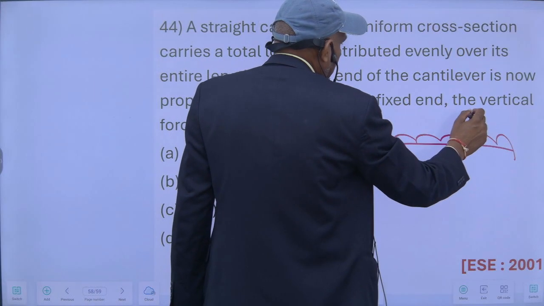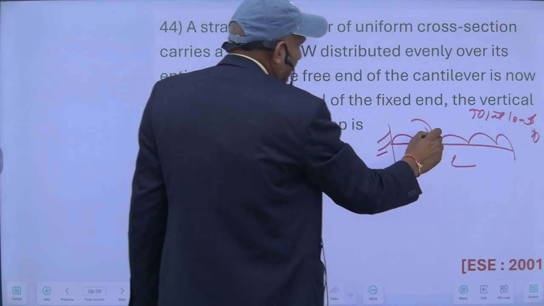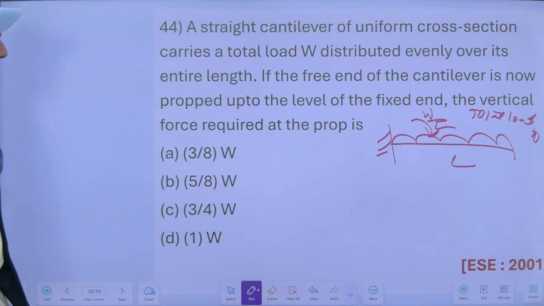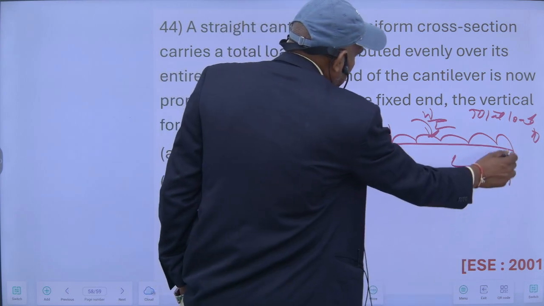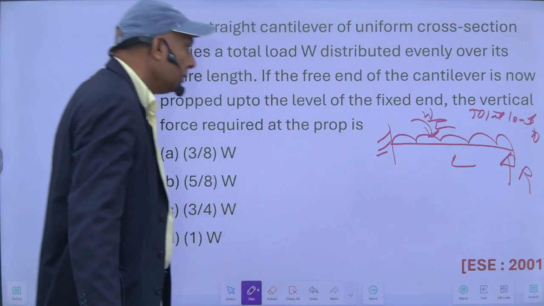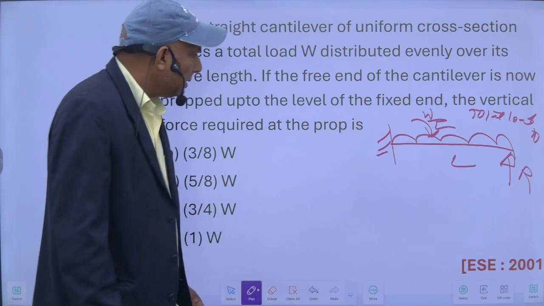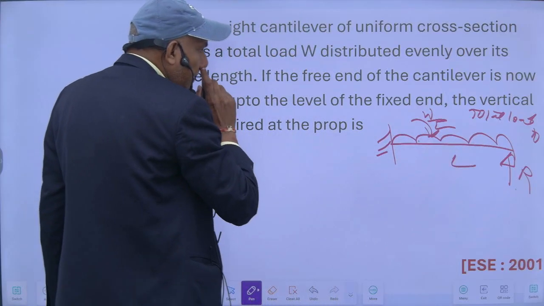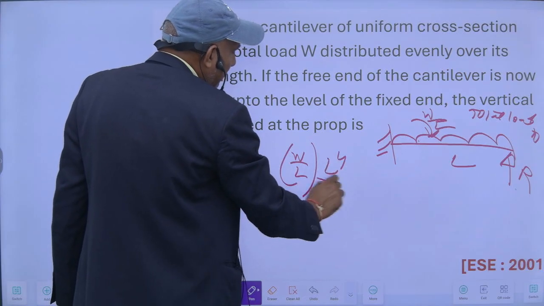Total load is W, meaning this intensity is W upon L. If the free end of the cantilever is now propped up to the level of the fixed end, then the vertical force required at the prop, this R, will be equal to, as we know, the deflection because of this, which is W L^4 upon 8 EI.